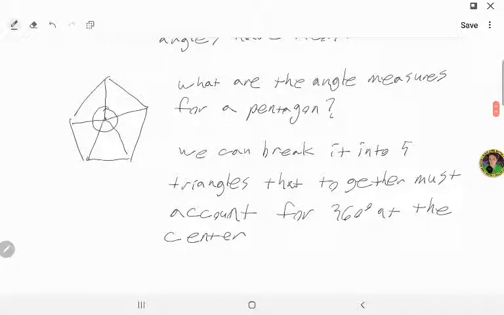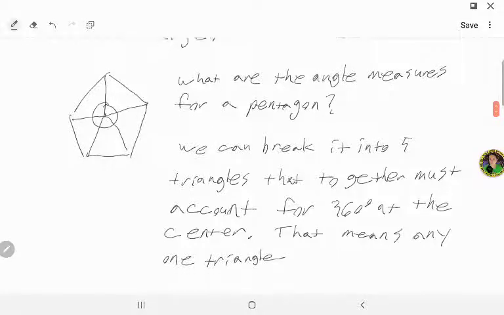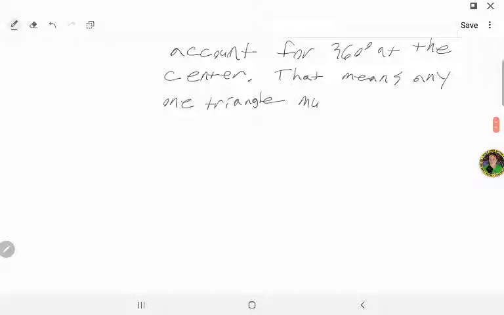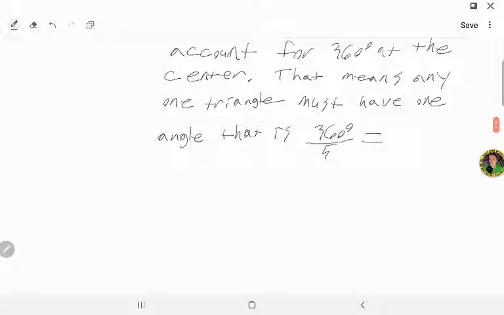But that means any one triangle must have one angle that is 360 degrees divided by 5, which gives us 112 degrees.